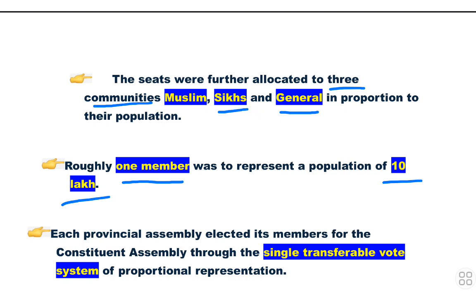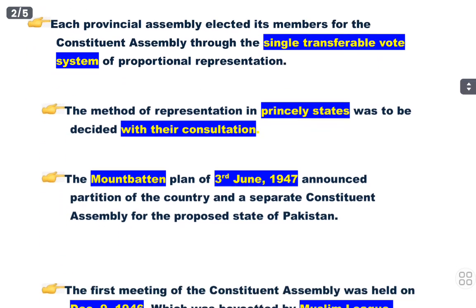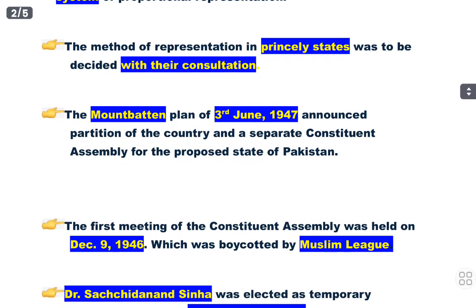Each provincial assembly elected its members for the Constituent Assembly through the single transferable vote system of proportional representation. The method of representation in princely states was to be decided in consultation with them.